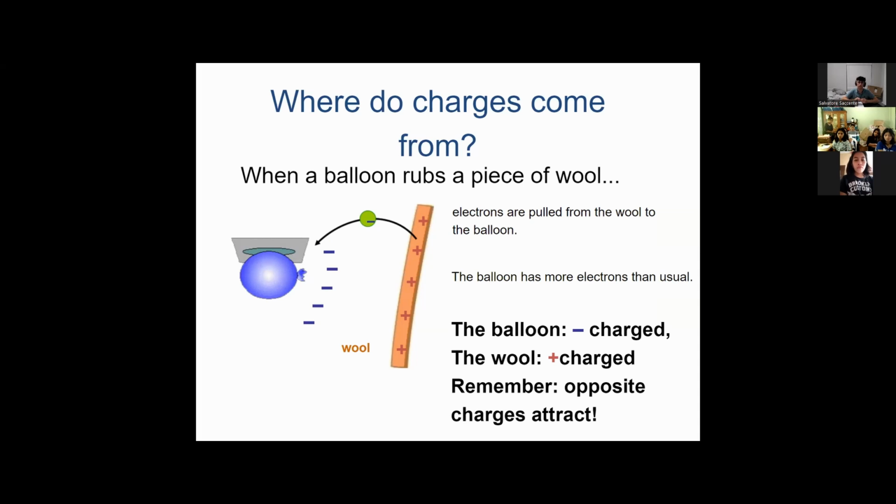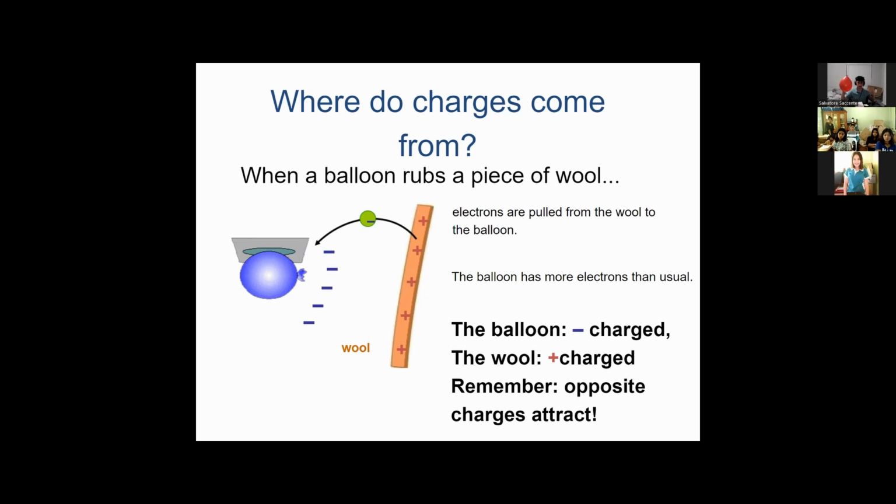Okay, where do charges come from? This is important too. When a balloon rubs a piece of wool through friction, like I have this jacket here and this balloon, when the balloon rubs on the jacket or the wool, electrons, see the picture, are pulled from the jacket to the balloon, and it's all on the surface.